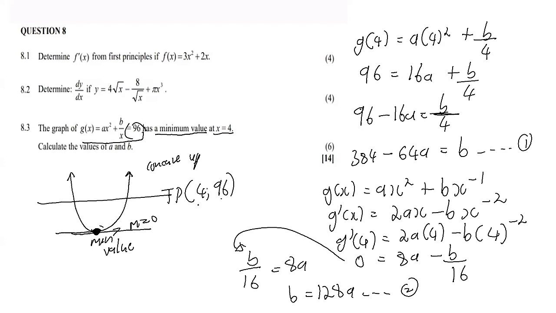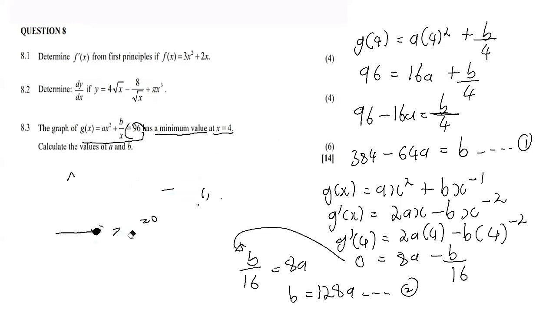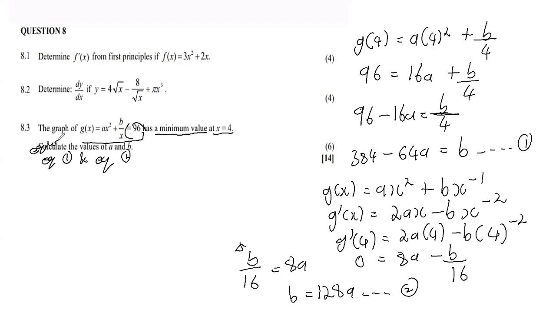Now at this point, we know what we should do: equate equation 1 and equation 2. So let me erase this part here. Now it becomes very simple to find our values for a and b. So we equate, and then this will be 384 minus 64a is equals to 128a.